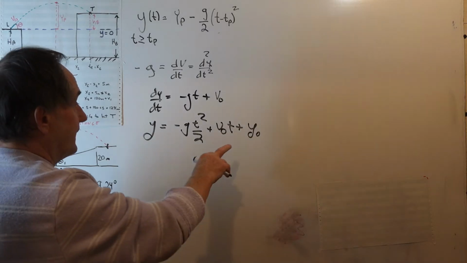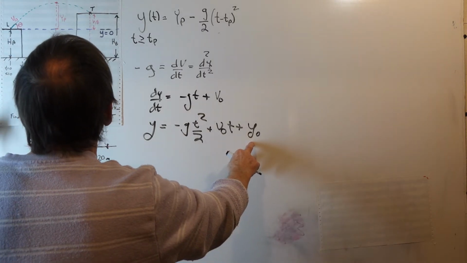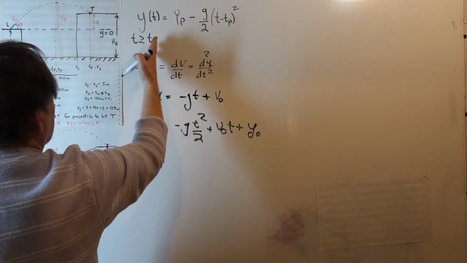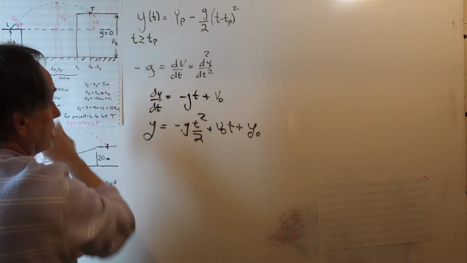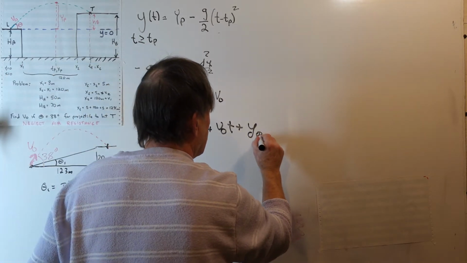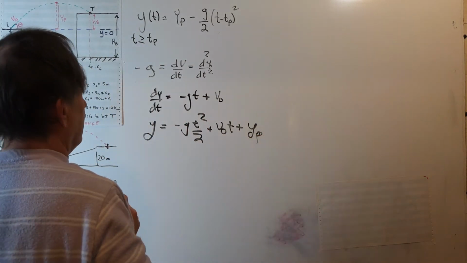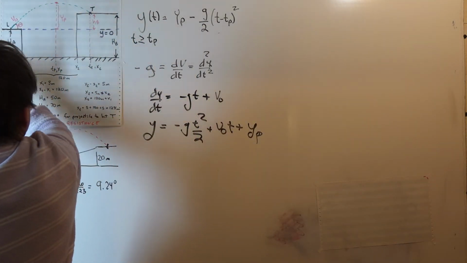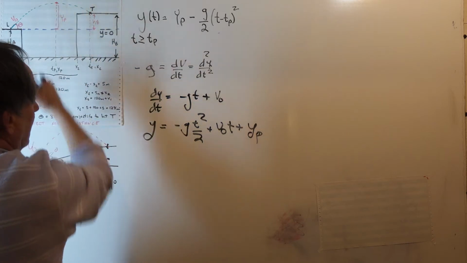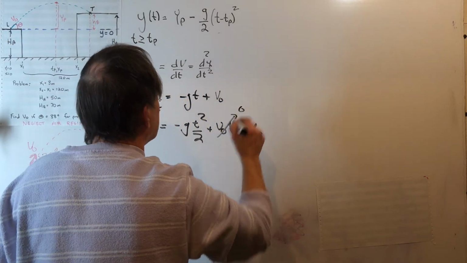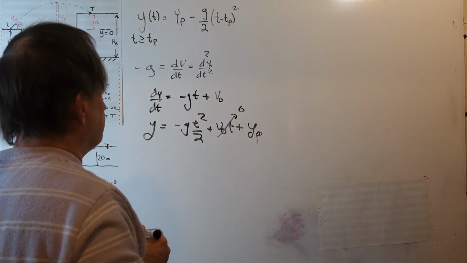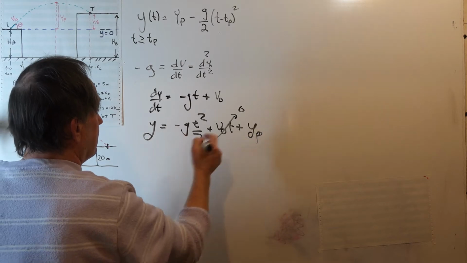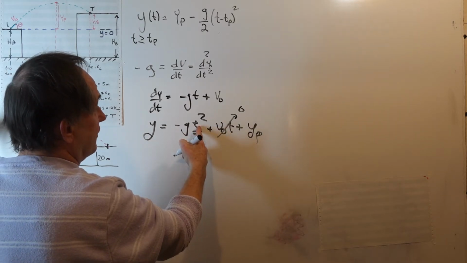Well, what is y0? Remember we're starting at the peak, so y0 is y peak in this case. And then what's the initial velocity? Well, once the projectile hits the peak, the vertical velocity is 0. So this goes to 0. So we're starting with t equals 0 at t peak.